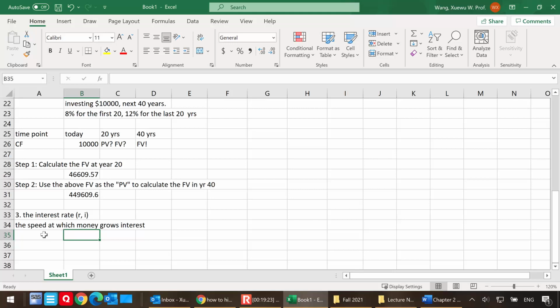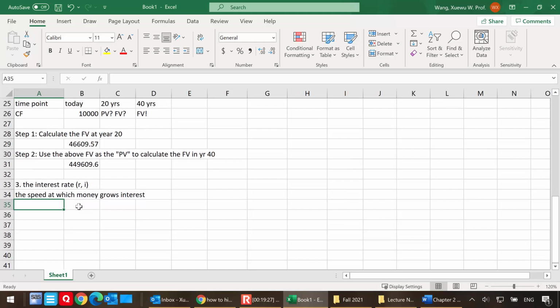So money can grow interest at very different speeds. Sometimes money grows interest very fast, other times very slowly. It may also depend on who is managing the money. For example, in a checking account, money barely grows any interest. A bank says, I provide you with the convenience of writing a check, so I'm not going to give you any interest.